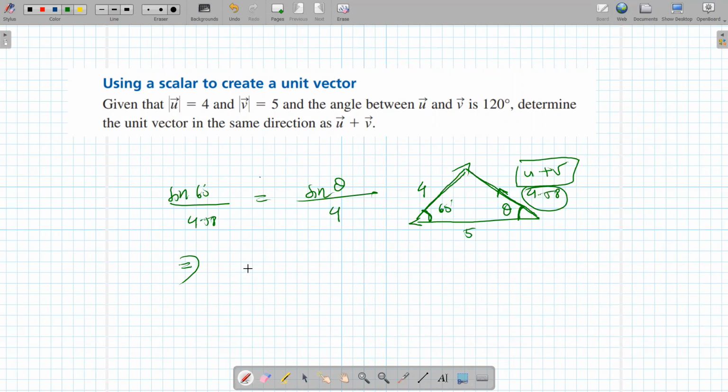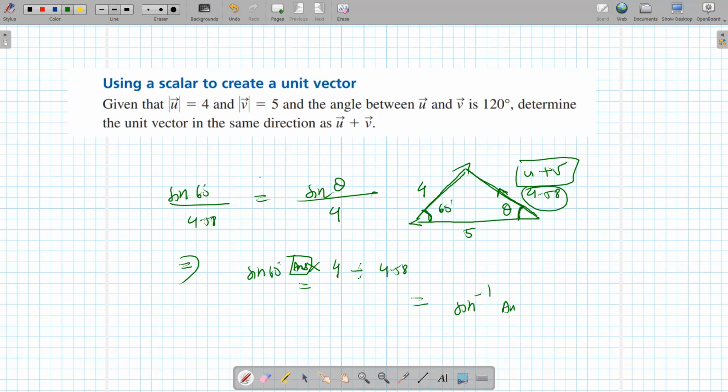Okay, we can do this one by one. Type in sine 60, press equals. And then you know where the answer button is on your calculator. You just do answer times 4, divide by 4.58, equals. And then you do sine inverse, which is the second function sine, or shift, whatever it is on your calculator.